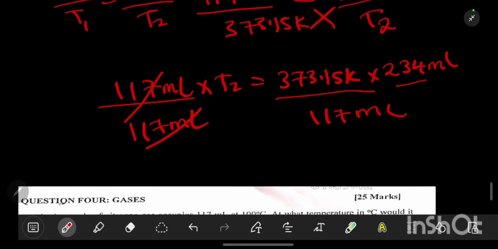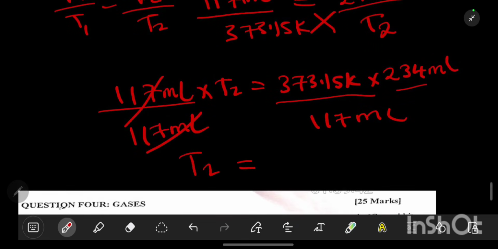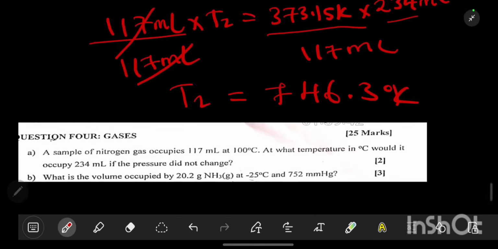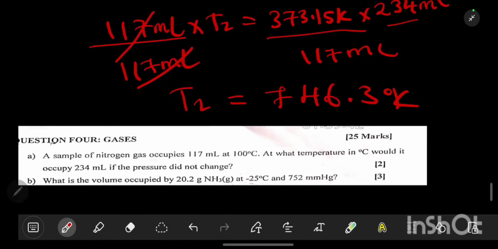So our temperature number 2 will be equal to 373.15 times 234, divided by 117. This gives us a temperature of 746.3 kelvins. The temperature comes out in kelvins, but they want the temperature in degrees Celsius.